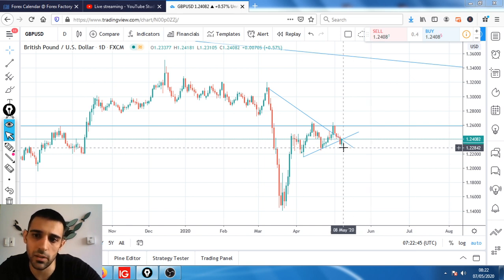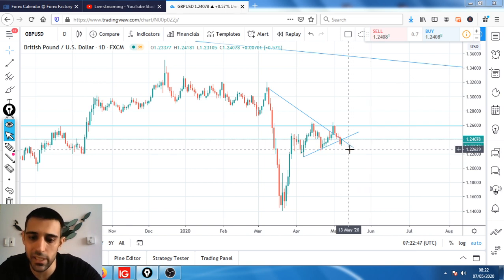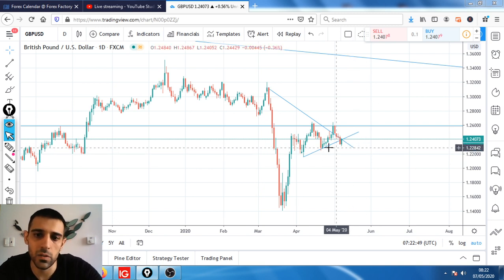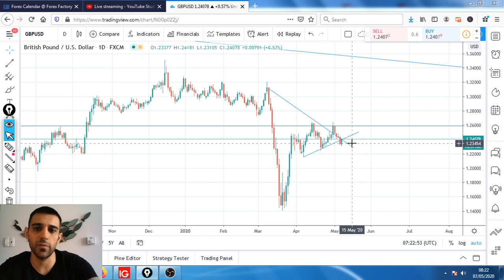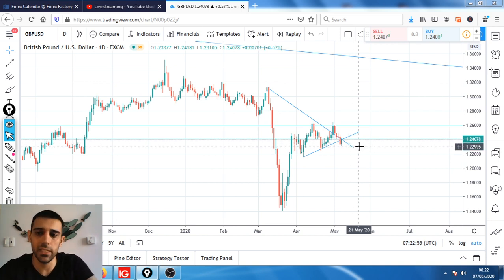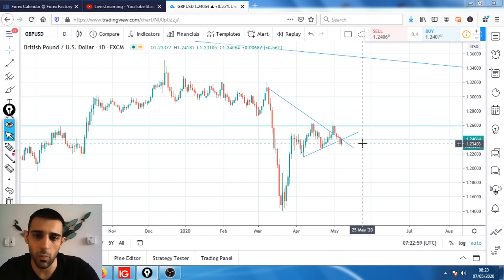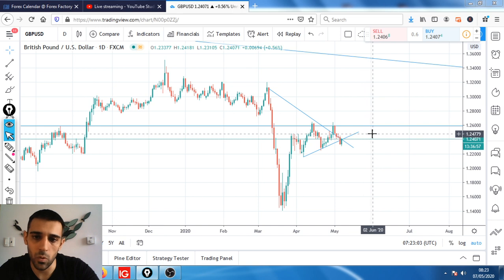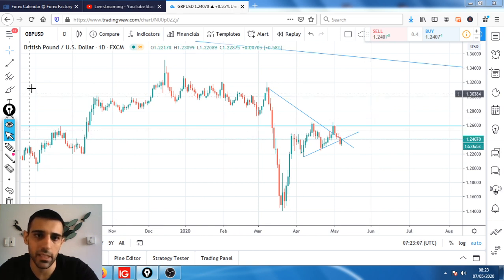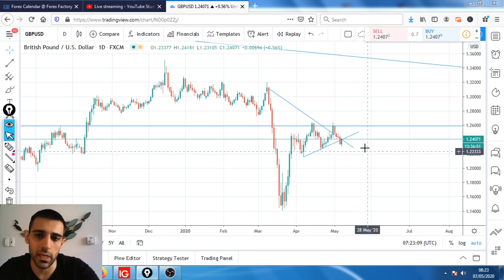Because I had seen a lot of momentum towards the upside, I was potentially looking to sell, but because we've seen this volatility and momentum towards the upside, I did change my view on that. So for now, I would be looking more towards the price pushing to the 124.70 zone rather than towards the downside.